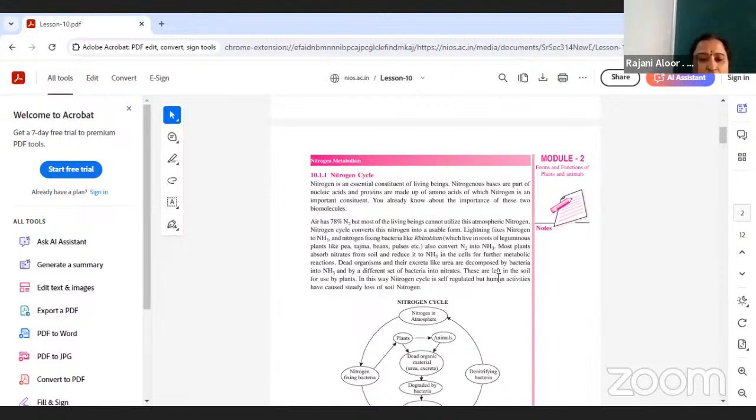Paddy plants are known to absorb ammonia, NH4, rapidly. Next one is organic nitrogen.